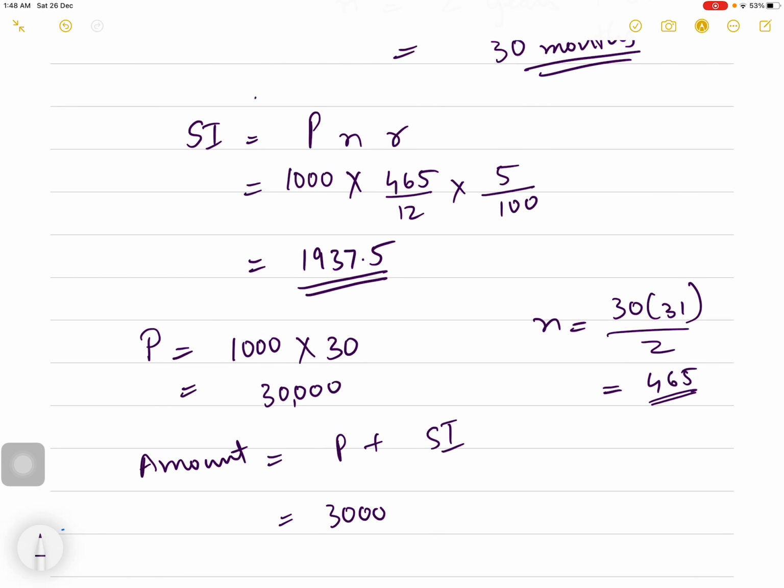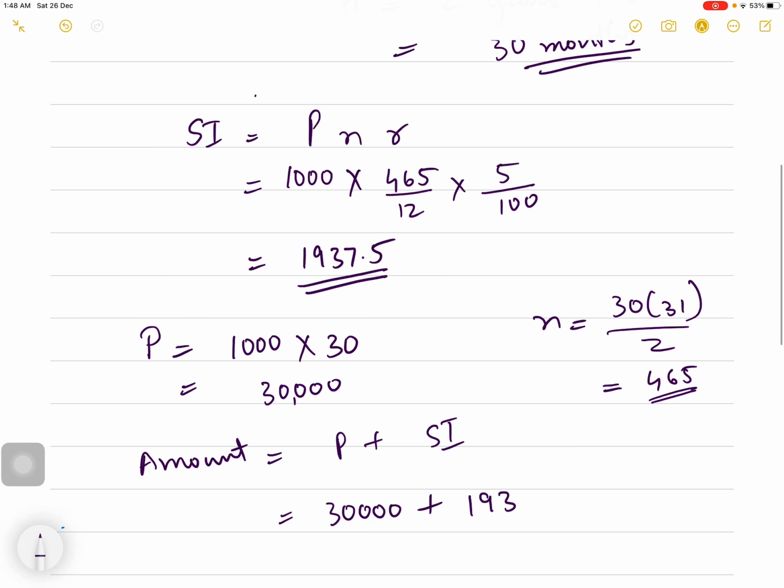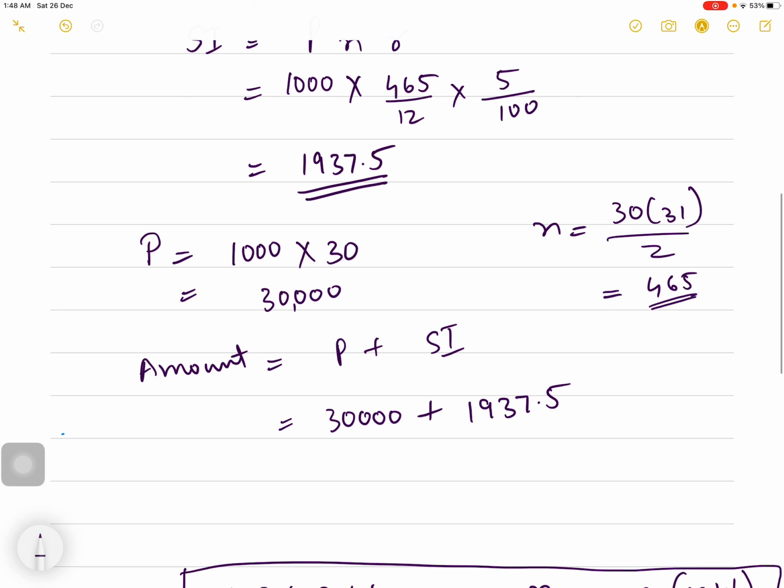So 30,000 plus simple interest of 1937.5 is 31,937.5.